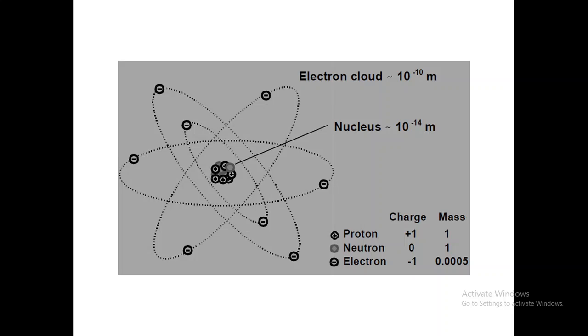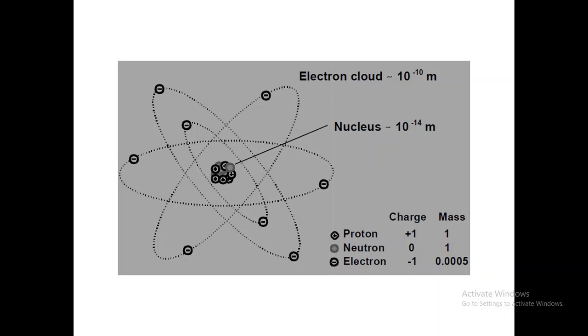As the picture suggests, the nucleus of an atom is composed of protons and neutrons, and the number of protons in the nucleus is called the atomic number and is given by the symbol capital Z. Because the protons each have a charge of +1 unit and the neutrons have no charge, the total charge of the nucleus is +Z units.